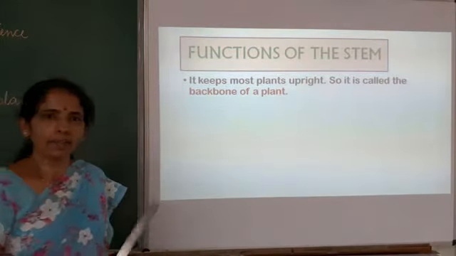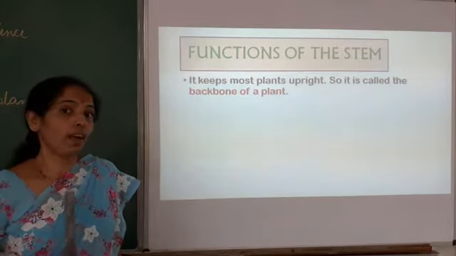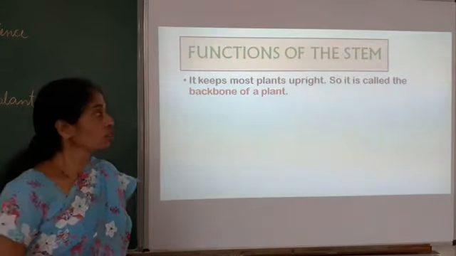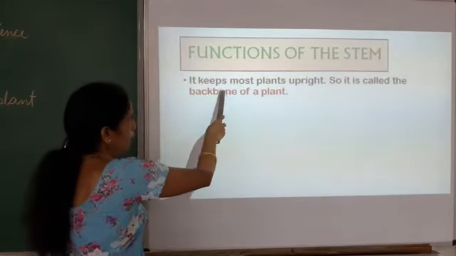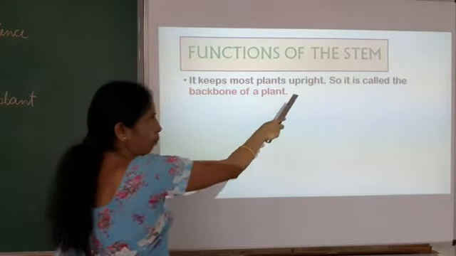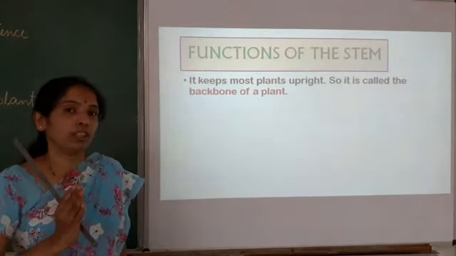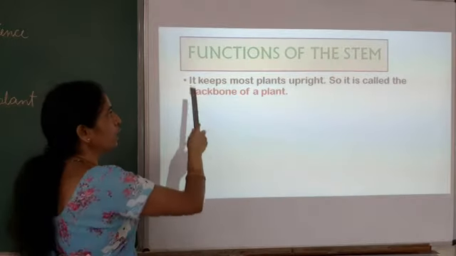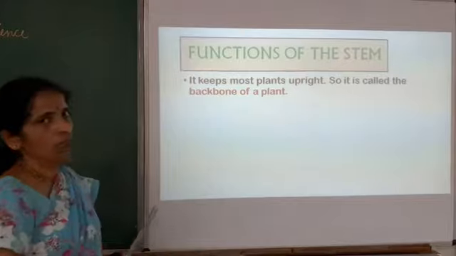Children, we all have a backbone so that we can stand straight. So in the same way, stems keep the most plants upright. Upright means they stand erect. So this is how we call stem as the backbone of a plant.